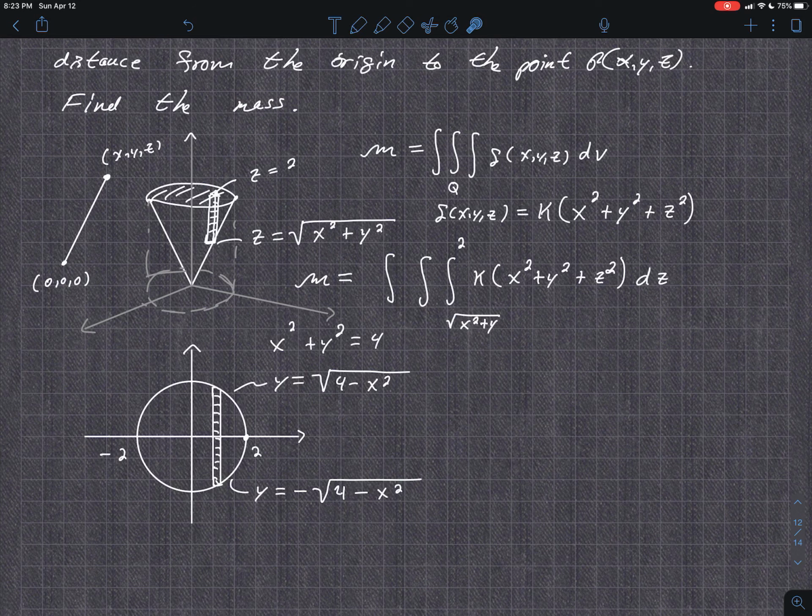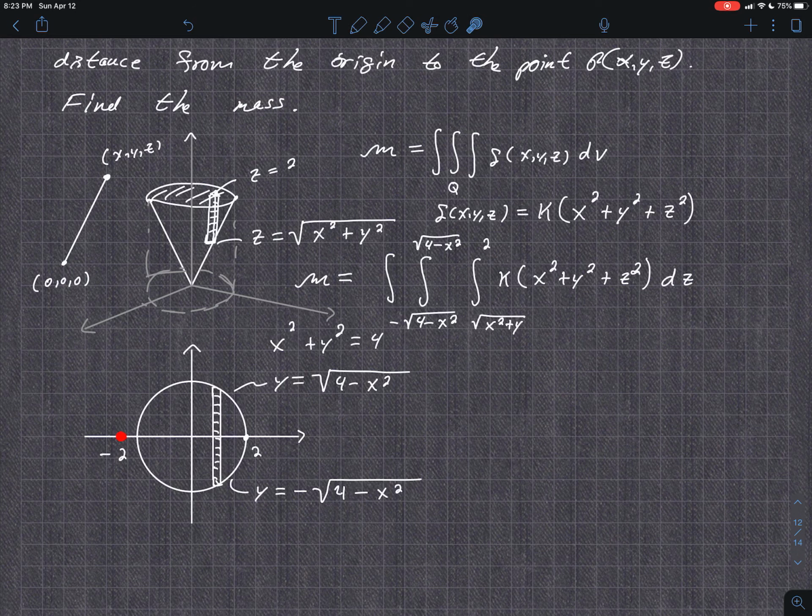Now you're down to the lower function, which is y, to the upper function. So then you get negative the square root, and I'm going to move this to give myself some more room. You've got to squeeze all this stuff in here. So the lower function is negative root 4 minus x squared to the upper, positive root 4 minus x squared.